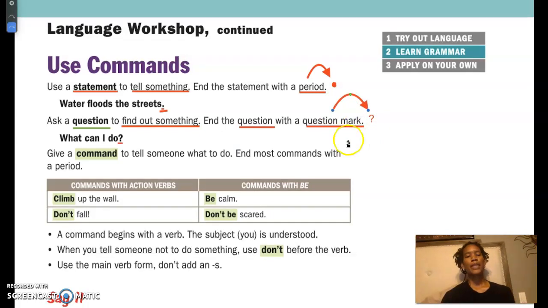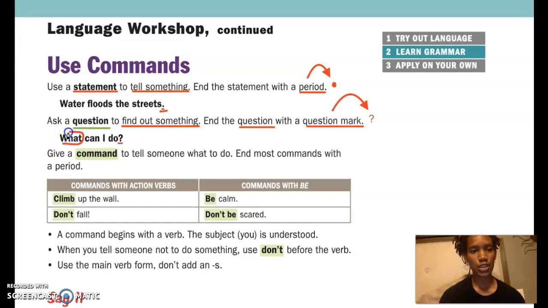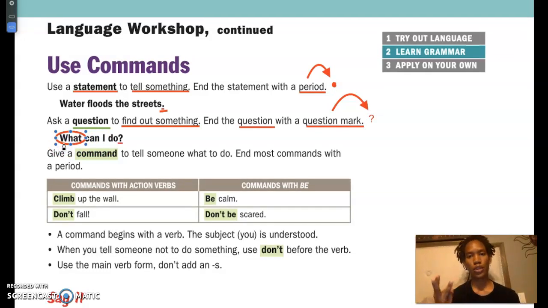All right, now, look at our example. What can I do? Right? Just like from the rap. What can I do? As you can see, you have a question word. Your question words are who, what, when, where, how, why. Okay. And then also you have your question mark.